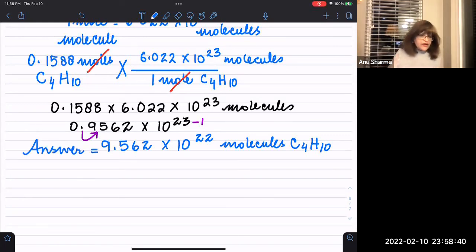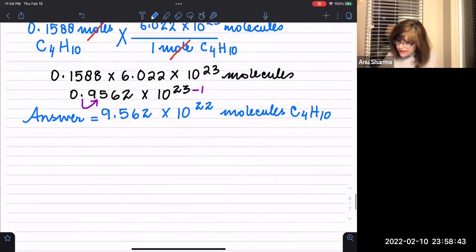That's the answer to part A. Next question: how many hydrogen atoms are there?